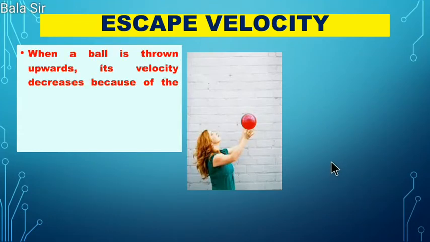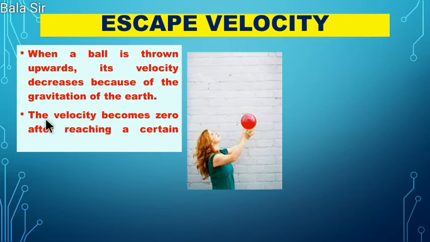Here, when a ball is thrown upward, its velocity decreases because of the gravitation of the Earth. Here the velocity becomes 0 after reaching a certain height. See here, when it goes up, it goes to a certain height. Here the velocity becomes 0, v is equal to 0.